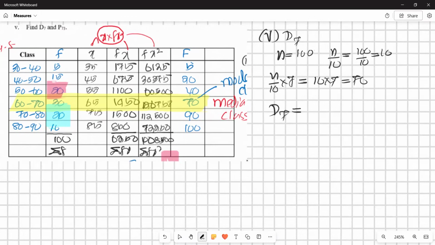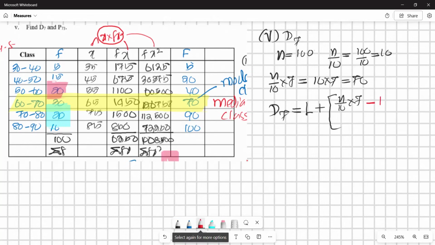L plus, n divided by 10 multiplied by 7, minus capital F, the preceding cumulative frequency, divided by small f, into C. Selected class, then L is 60. N by 10 into 7 is 70.